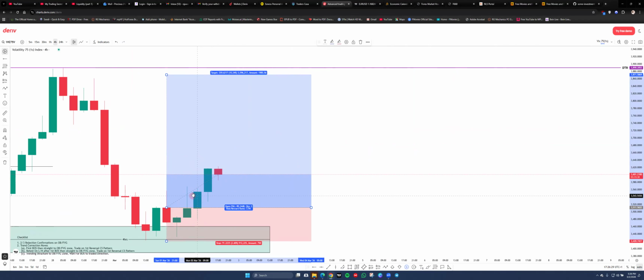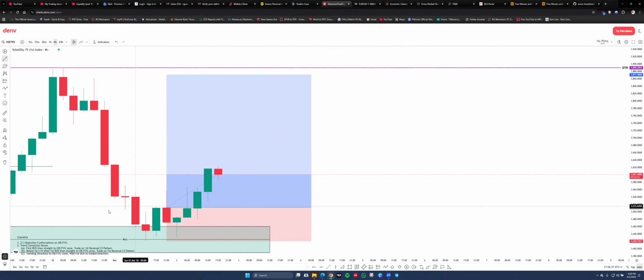So the break of structure happened on this particular candle. So I'll put a line there to indicate where we had the break. Yeah, so this was where we had the break on this particular move here.